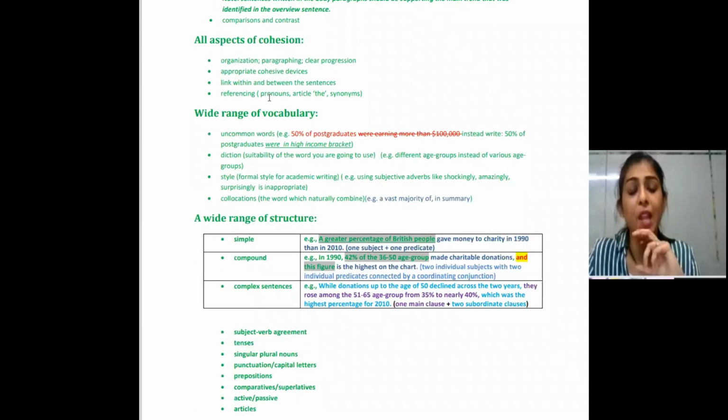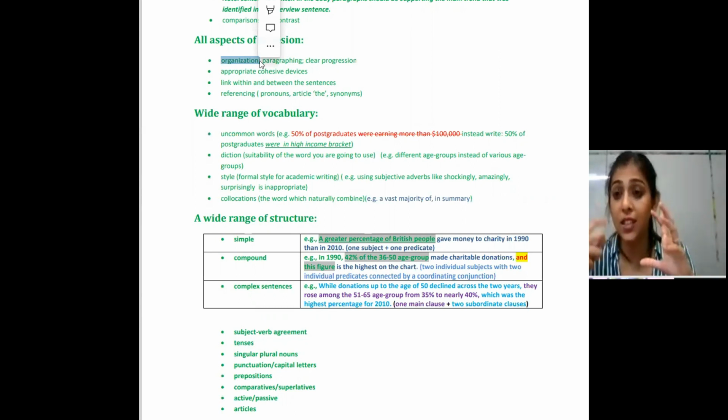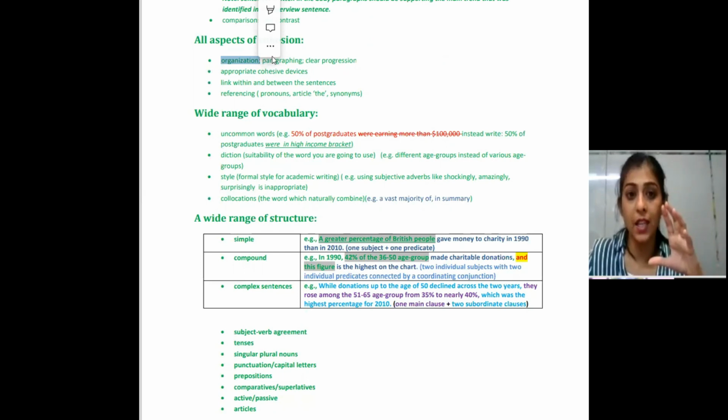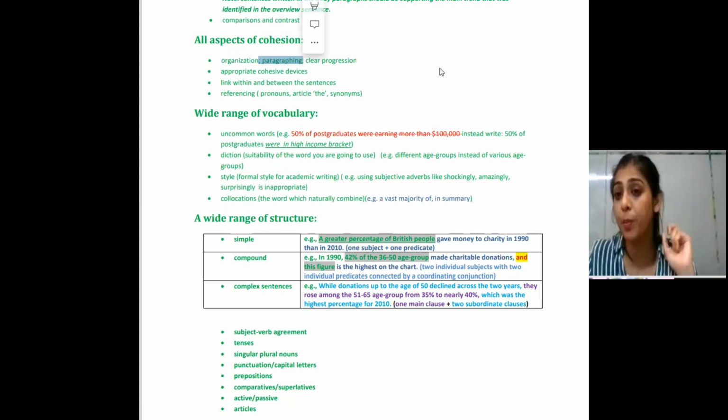See, all aspects of cohesion, as I told you: appropriate organization that you plan, like which two features should be grouped together, and which other feature which is in contrast should be mentioned in the other paragraph. Got it? Then organization leads to proper paragraphing, and paragraphing then leads to clear progression throughout your writing task 1 report.